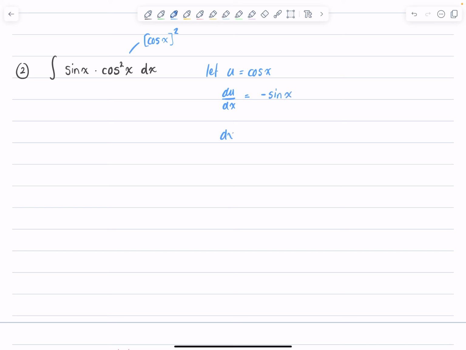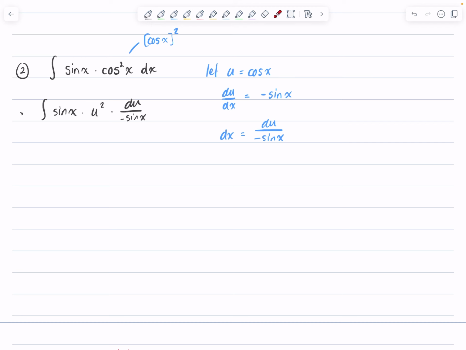We want to solve for dx, which is going to be du on negative sine of x, which we can now substitute in. So this whole thing is going to be equal to sine of x times, it used to be cos x all squared, but now it's just going to be u squared. And our dx has turned into du on negative sine x.